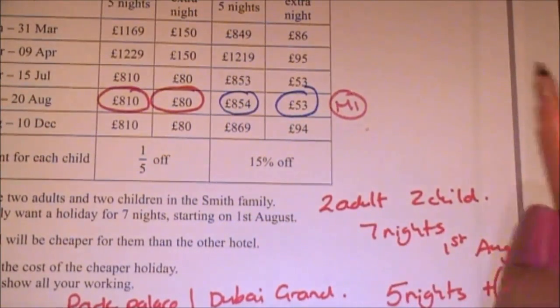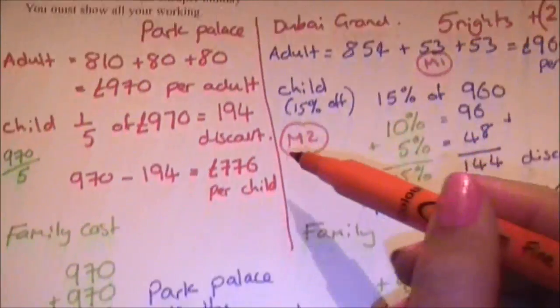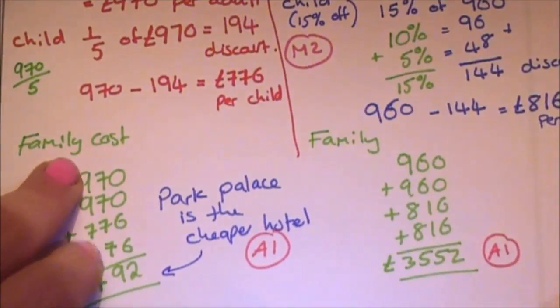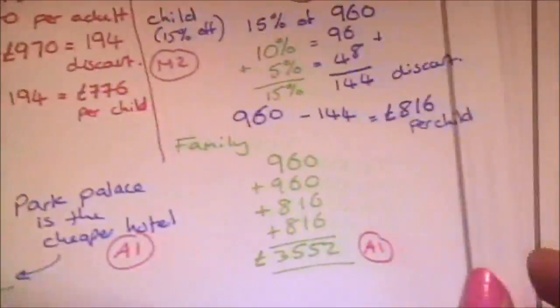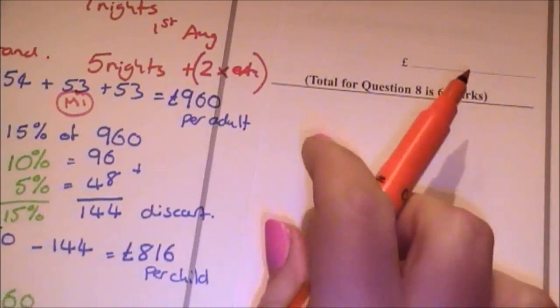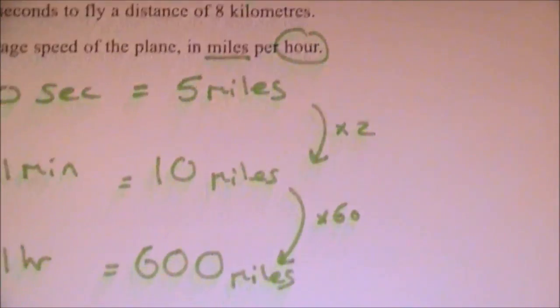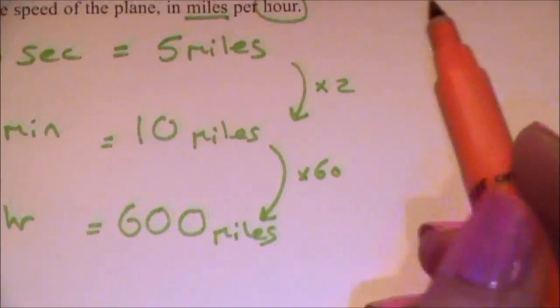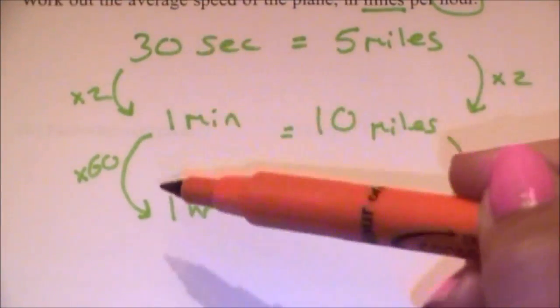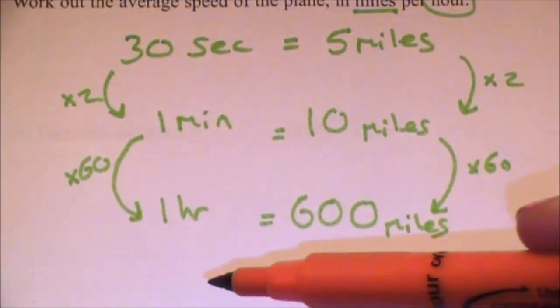So that's a method mark there. So there's 1, 2, 3, 4, 5, 6, and it was a 6-mark question.